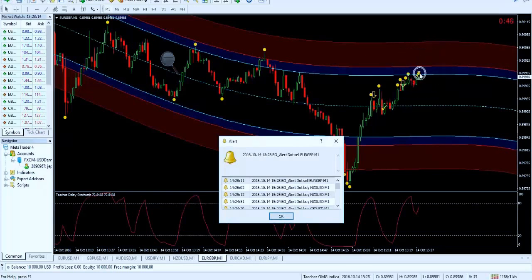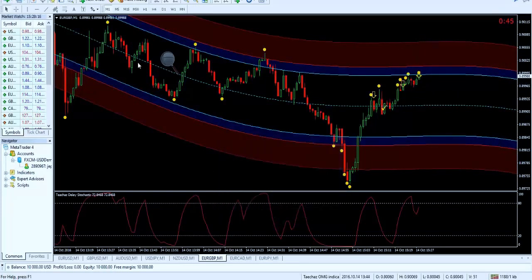So let's quickly go through what we were doing. This was a losing trade, even though it was so close, because if you count 1, 2, 3, 4, 5, it was a losing trade. This was a losing trade.